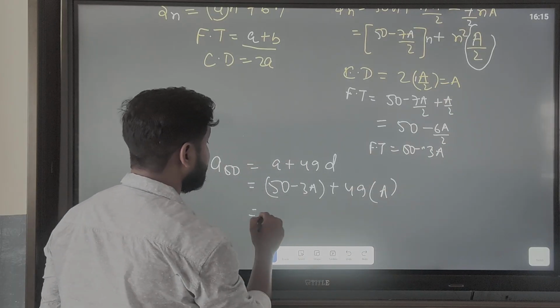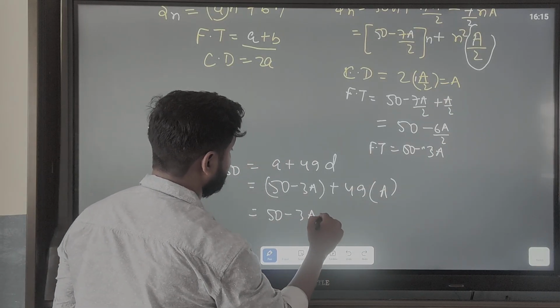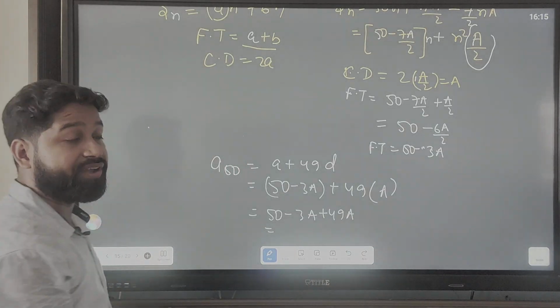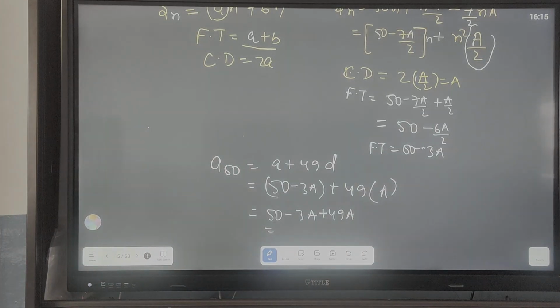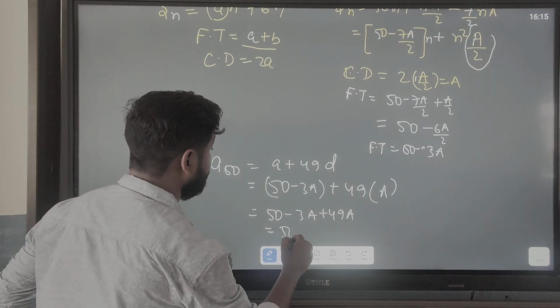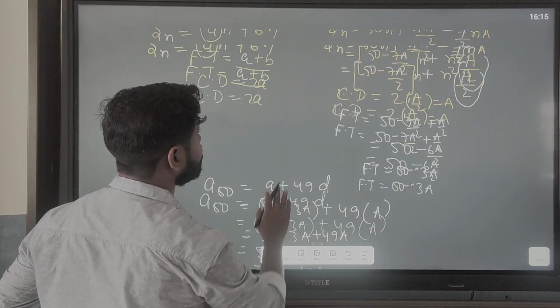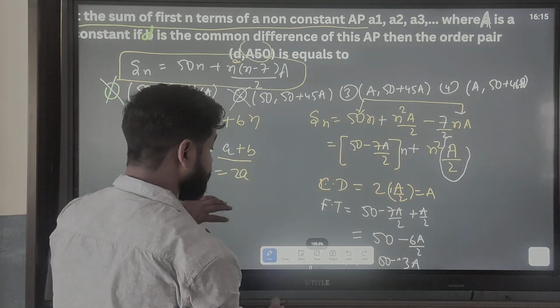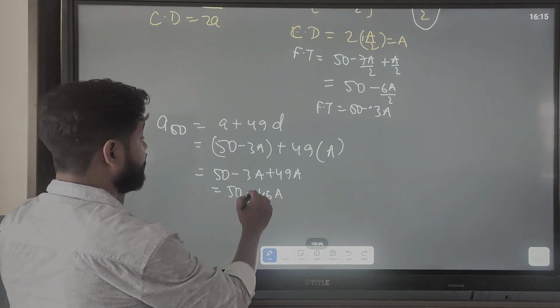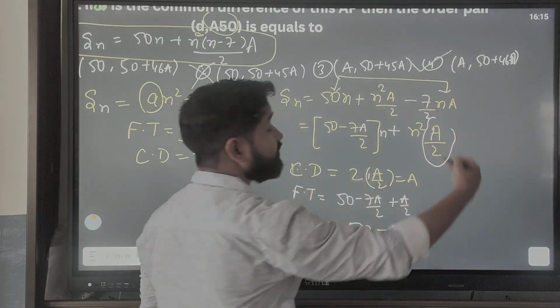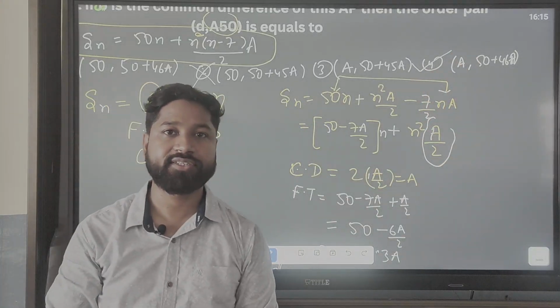Just open the bracket: 50 minus 3a plus 49a. What will it be, students? Can you check it once? Is it minus? No, that's plus. So 50 plus 46a. D is the answer. Okay, students.